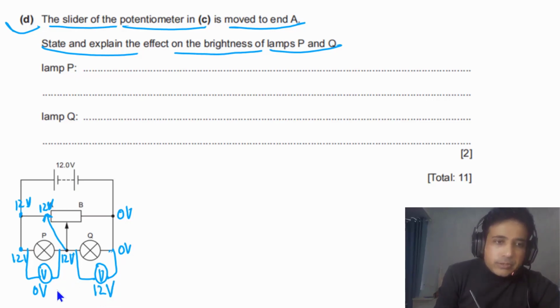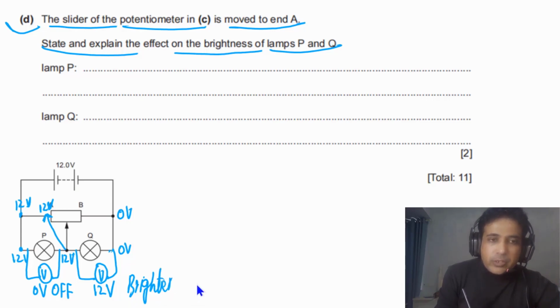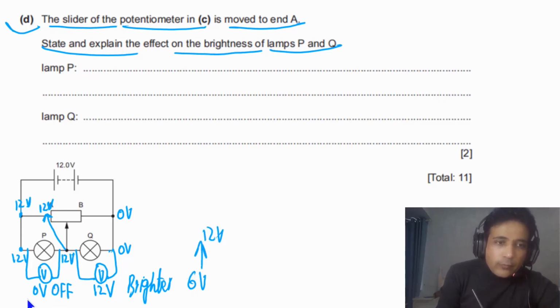So lamp P will be off, and lamp Q will be brighter than before because its potential difference increased from 6 to 12 volts. This one goes off because its potential difference decreases from 6 to 0 volts. So P will go off and Q will be brighter.